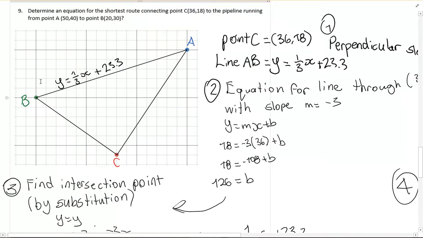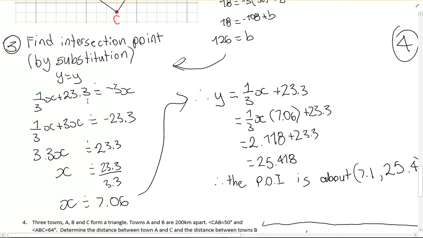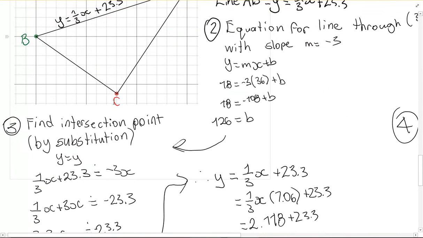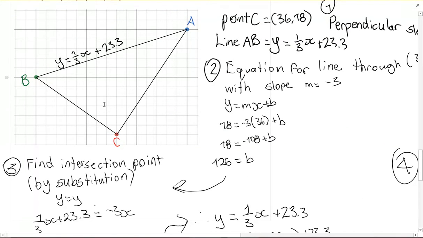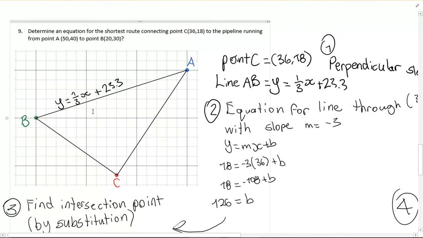So I figured out that x was roughly 7.06. Now using that, I was able to determine that the y value of that point was roughly 25.48, which is a bit over.